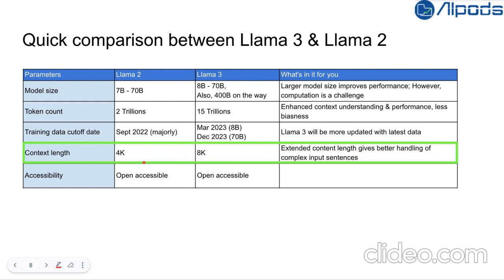In terms of significance, context length is basically the maximum number of tokens in an input that can be fed to the model and processed by the model in one go. Let me give you one basic example.